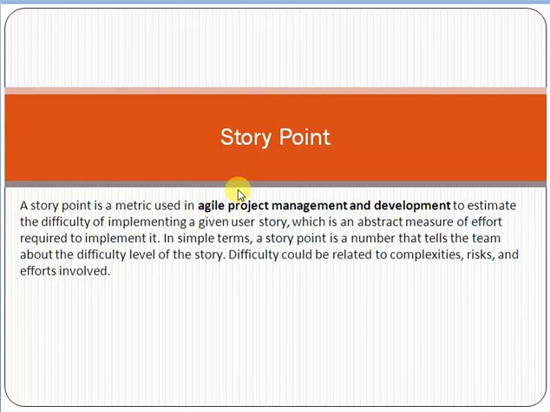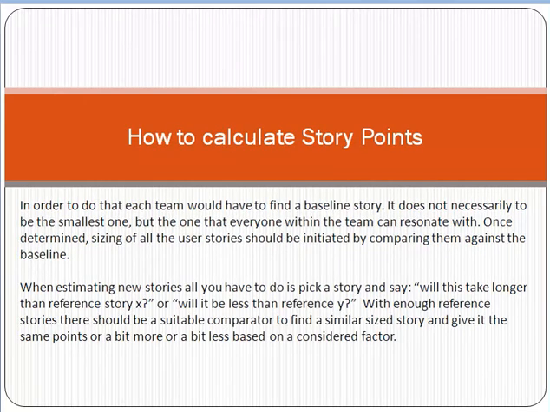This is the main concept. It is an estimation technique, and based on the complexity, we assign a number to a story so that anyone can understand how much effort is required to accomplish the story or requirement.